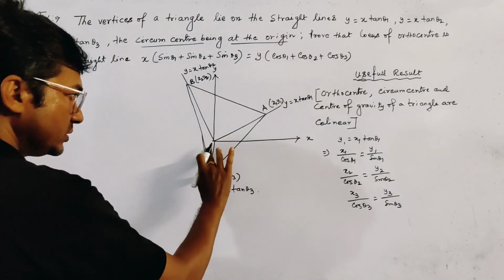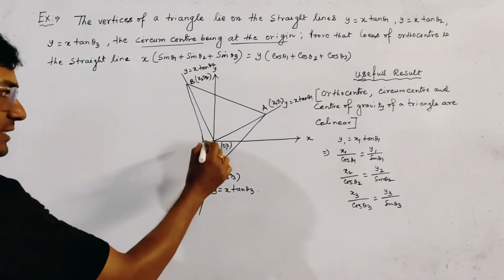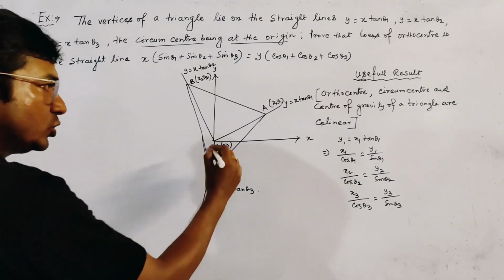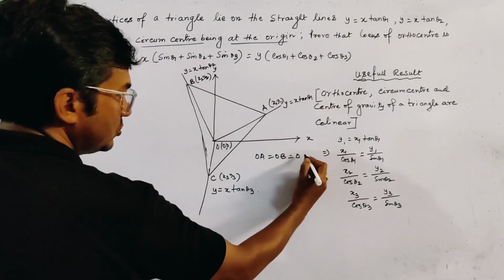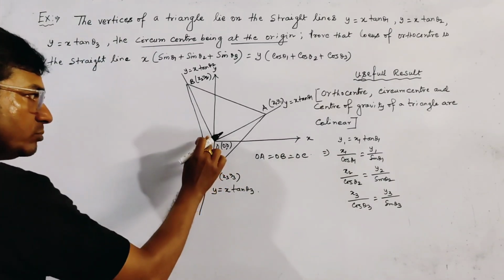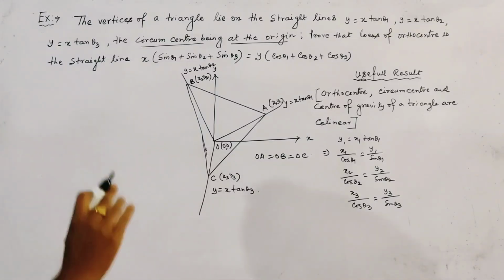Now here it is given that the circumcenter is at the origin. So the origin, which is (0, 0), is the circumcenter, and so we must have OA = OB = OC, because from the circumcenter the three vertices are at equal distance.